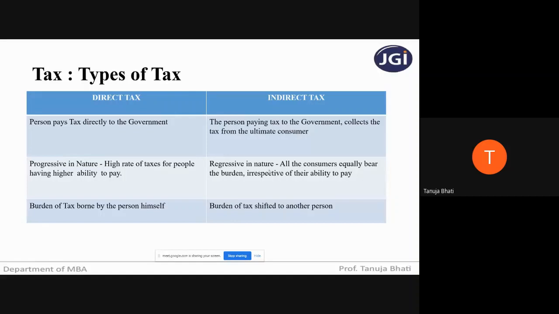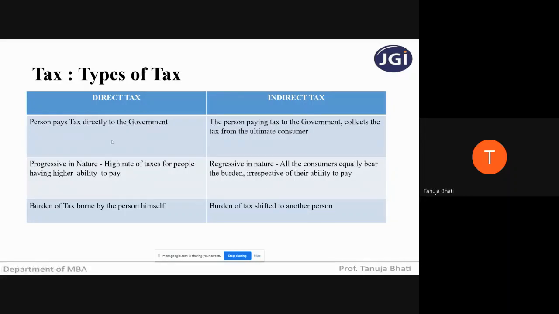Suppose you go to a shop to buy furniture, and a middle class man also goes to the shop to buy the furniture, and the rich people also go to the same shop to buy the furniture, the tax charged on the furniture by the shopkeeper to any type of consumer will be the same. There will be no difference of tax rate depending upon the ability to pay. So regressive in nature means all the consumers equally bear the burden irrespective of their ability to pay.